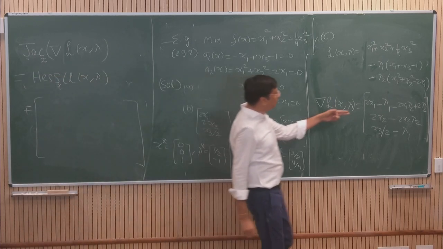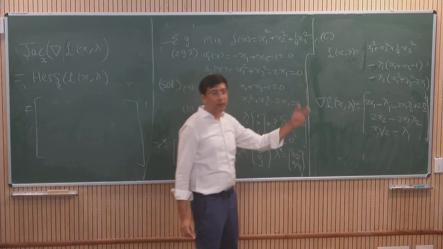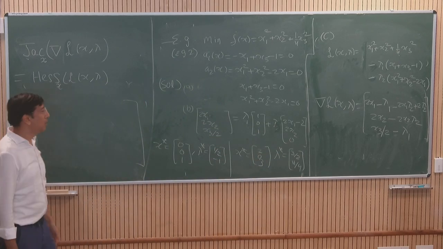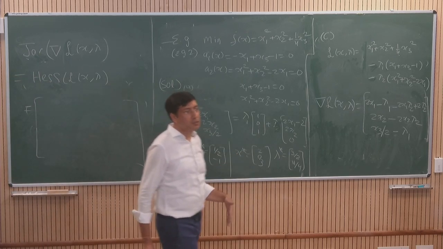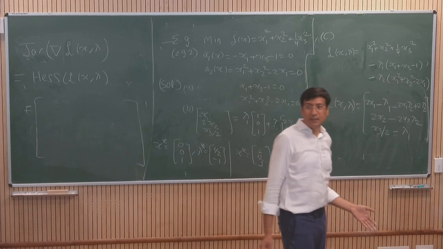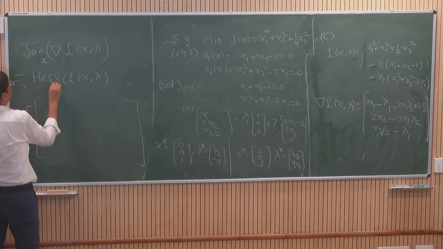I will take the first element and differentiate with respect to x1, x2, x3. If I was doing it in general, then I would do x1, x2, x3, lambda 1, lambda 2. Make sense? But I don't need that, so I will only do it with respect to x.